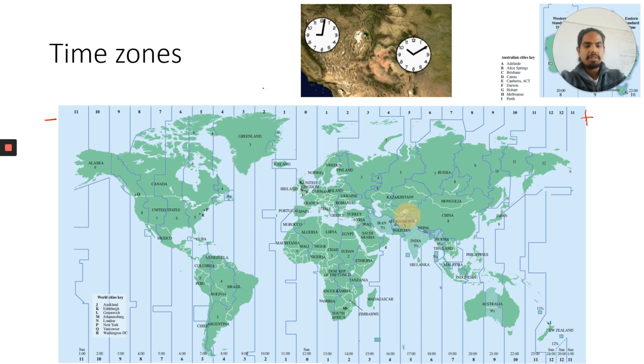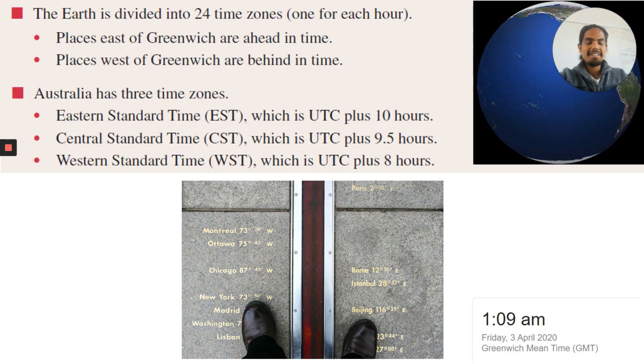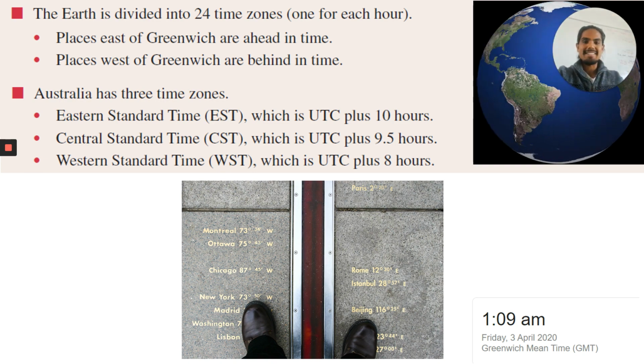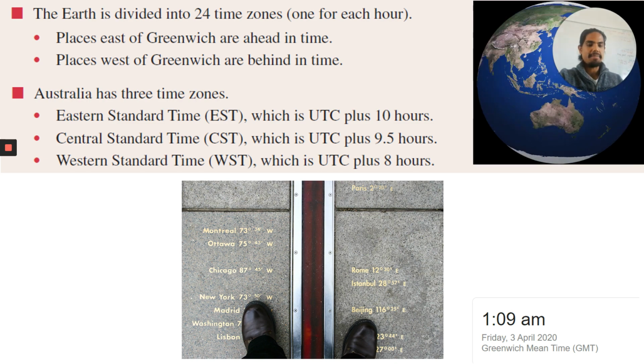So this is called GMT or UTC, Universal Time or Greenwich Mean Time. So Greenwich is this place in England where we take that as the zero or the universal, the standard time.